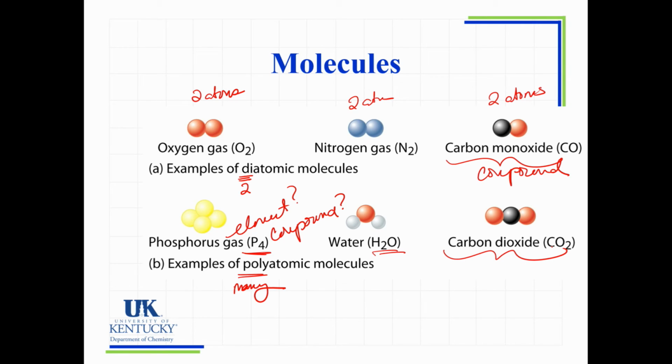Is it an element or is it a compound? Well, since it consists of carbon and 2 oxygens, that's different elements, so this would be a compound. So the term molecule applies to a small bundle of atoms that are tightly bound together, but it can apply to elements or it can apply to compounds.